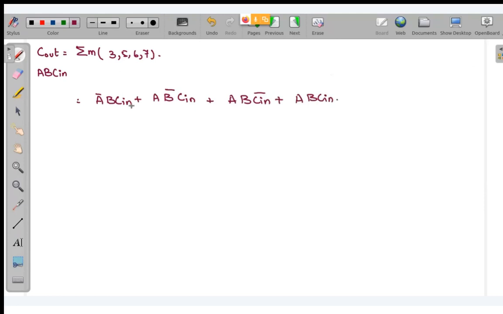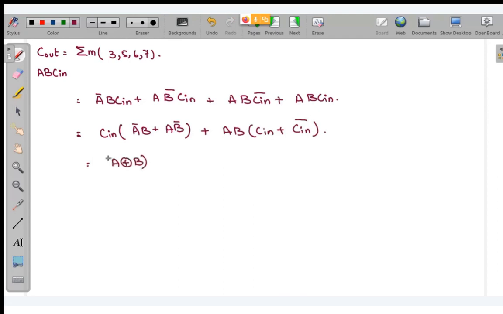Now look very carefully. I can take these two terms and write it like Cin common (A complement B plus A B complement), and over here I can take AB common, and this is Cin plus Cin complement. So this is what?